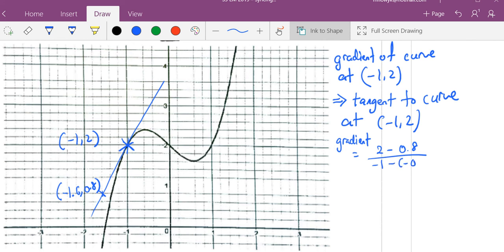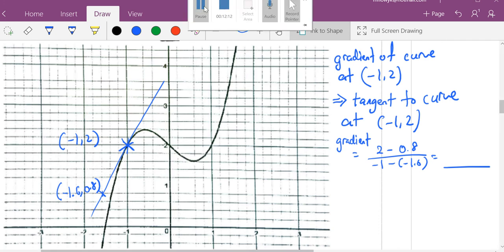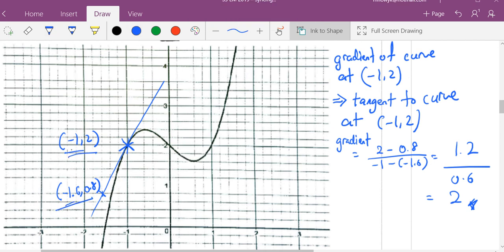And therefore, what is the answer? Can you press a calculator? Two minus 0.8. Can you help me? Okay, so by using these 2 points, I managed to find my gradient, and my gradient is 2.